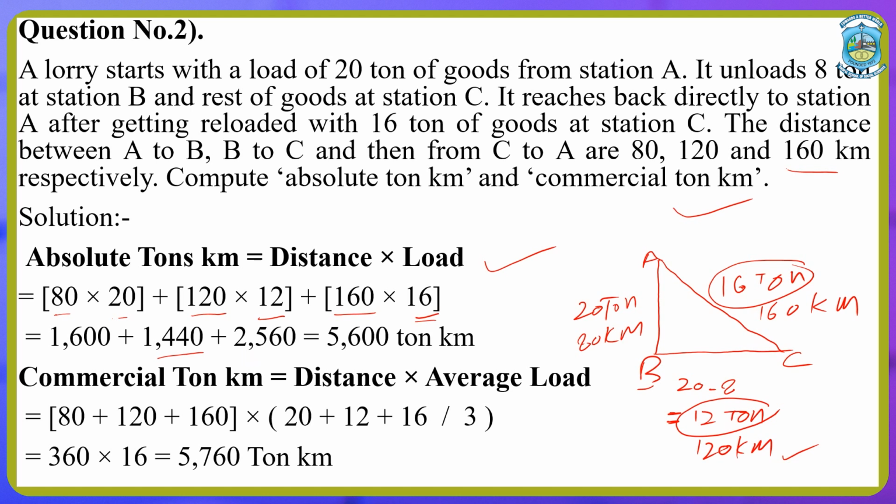If we add these three items, the sum is 5600 ton kilometers. It is the answer for the absolute ton kilometer.